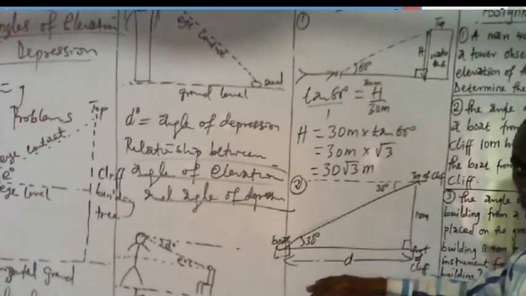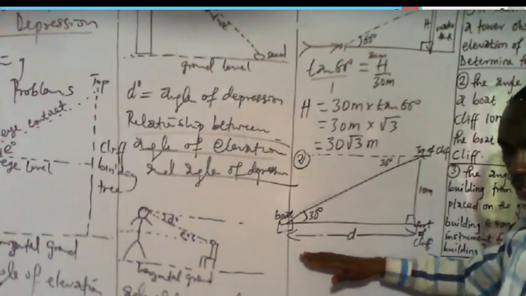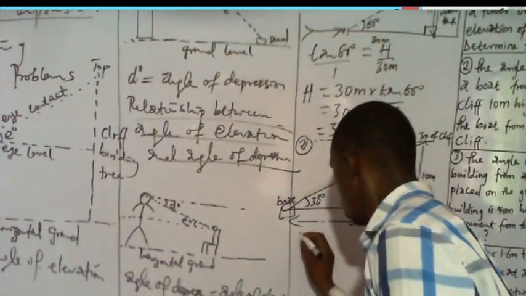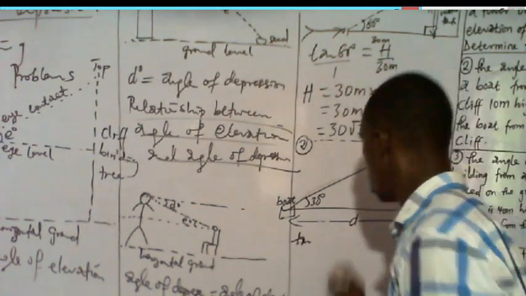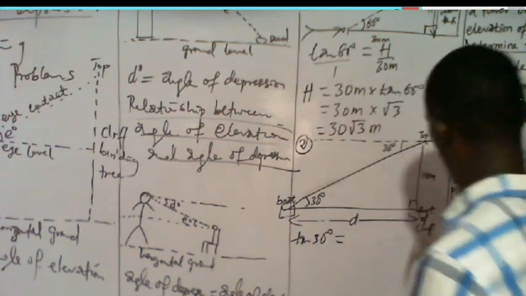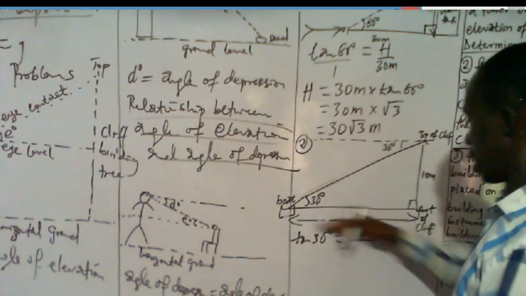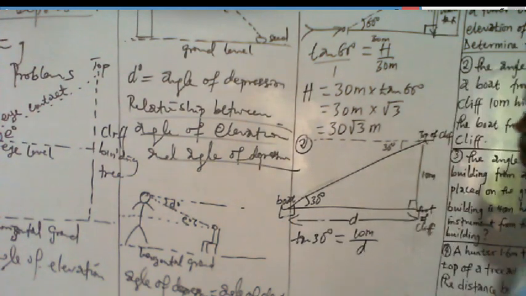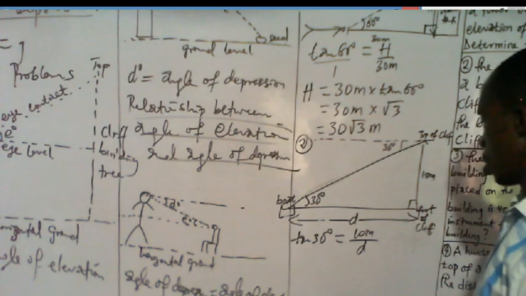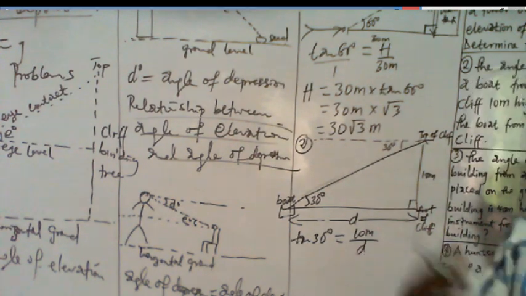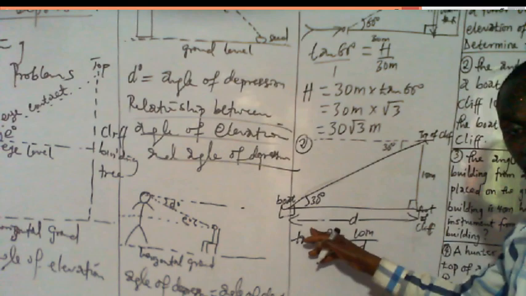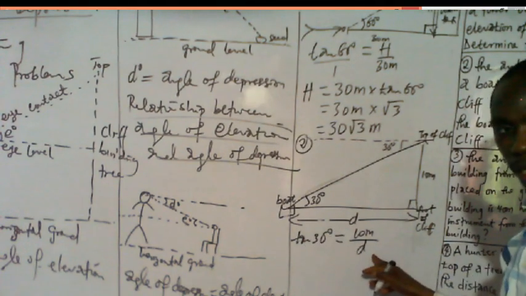So I will make use of what? I will make use of tangent of angles. Tan 30 degrees is equal to opposite, which is 10 meter, over adjacent, which is D. Mathematically, it's acceptable that D can come here and 30 degrees can come here.